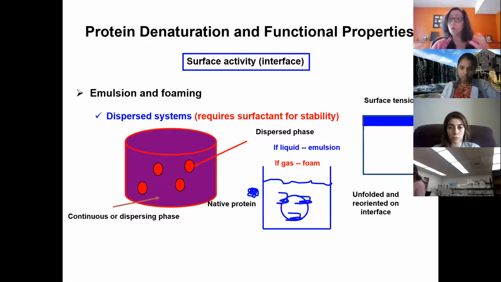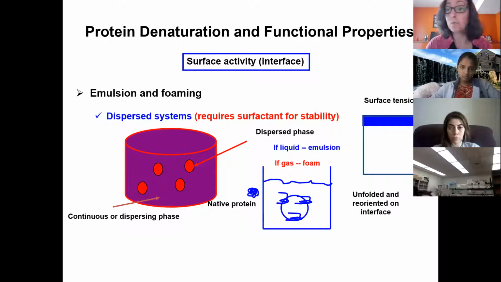Okay, so like I said, we need some work. Let's say if we have a protein that's going to stabilize an emulsion or foam, we need some work. We need to get that protein to unfold, to move to the interface, to form a film around the droplet or the air bubble.